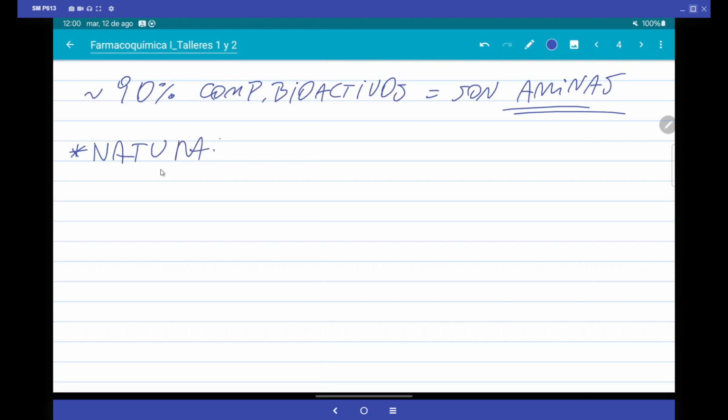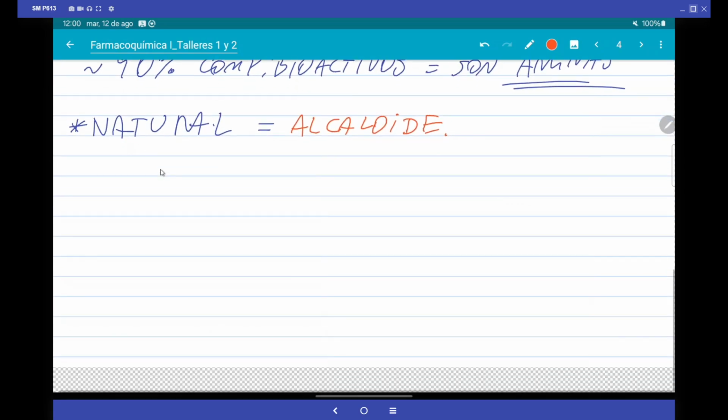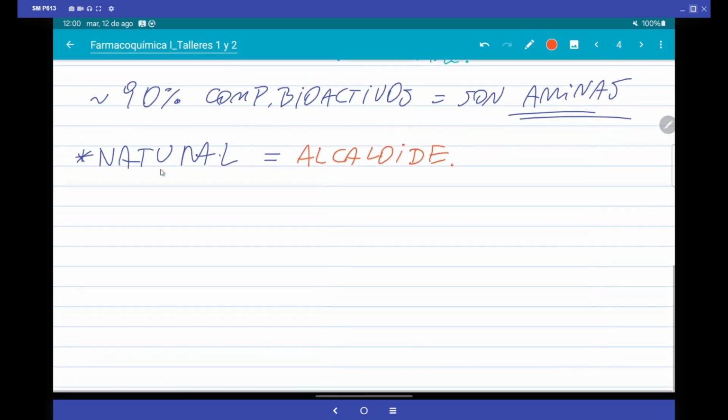If a natural compound has an amine, the classification of that compound is alkaloid. An alkaloid is an amine of natural origin, that is, a secondary metabolite. Nitrogenated basic.